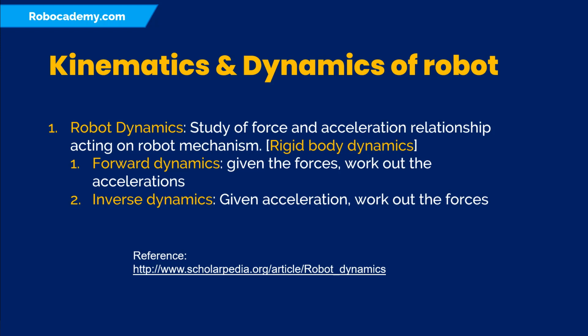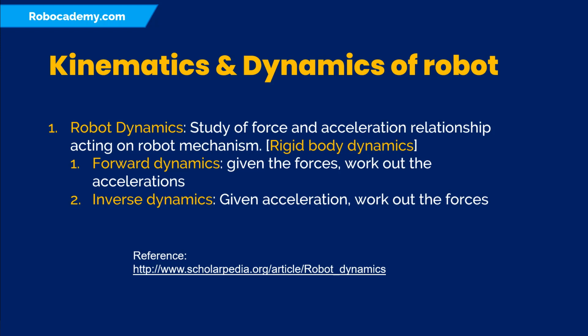Again there are forward and inverse versions, and this is also called rigid body dynamics. Rigid body means the robot is treated as a rigid body that will not change shape when we apply force. So rigid body dynamics has two parts: forward dynamics and inverse dynamics. Forward dynamics is given the forces, work out the acceleration.